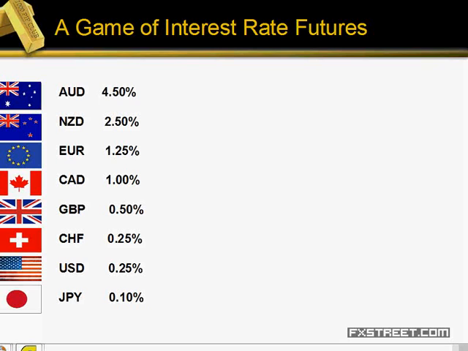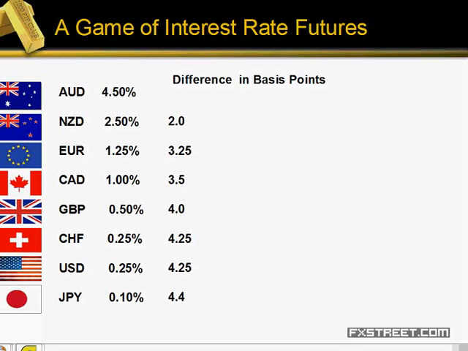Here are the current interest rates. And obviously the Aussie leads the pack at 4.5, and the yen is trailing behind at 0.10, which is effectively zero for the most part because they gave themselves a range. Let's say I listed this as a difference in basis points when in fact it's a difference in just a percentile difference.